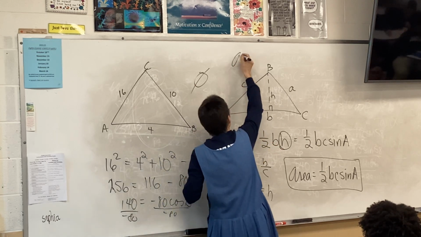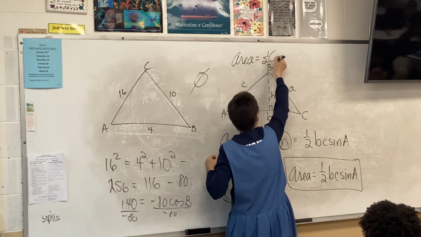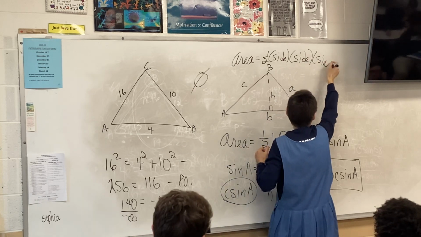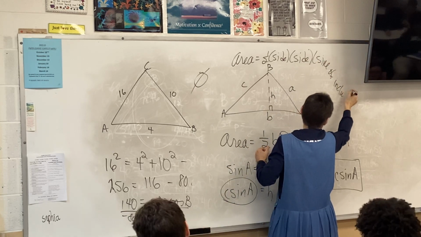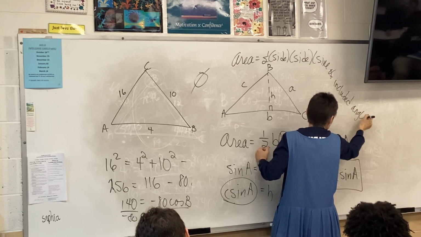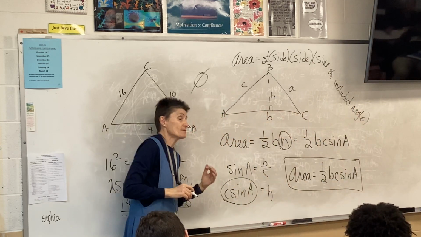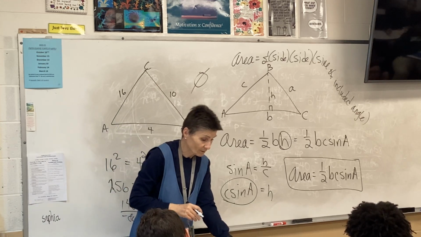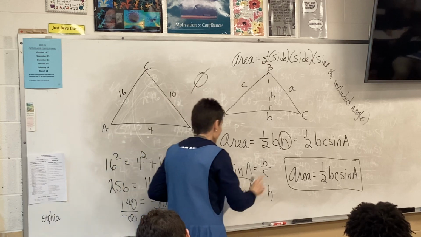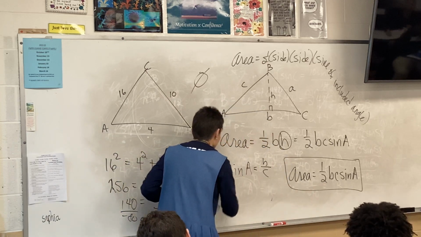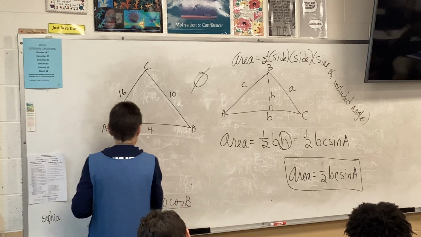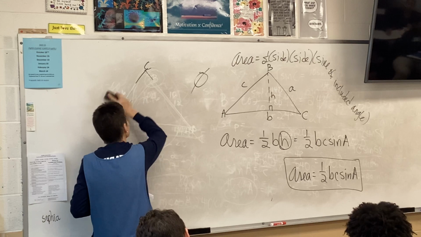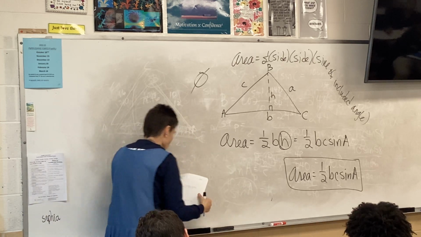I'd rather you memorize that area is 1/2 side times side times sine of included angle. That is a very handy formula. 1/2 side, side, sine of included angle.